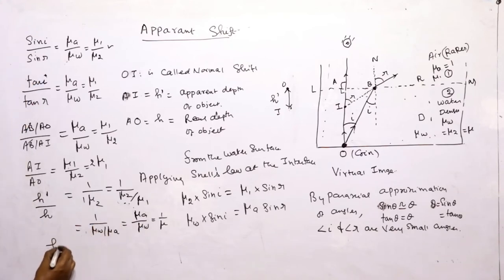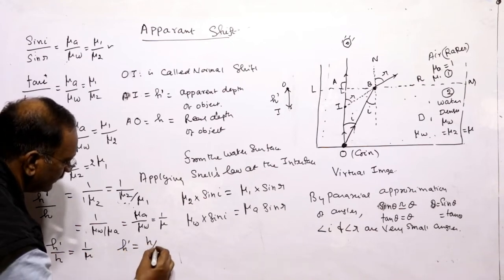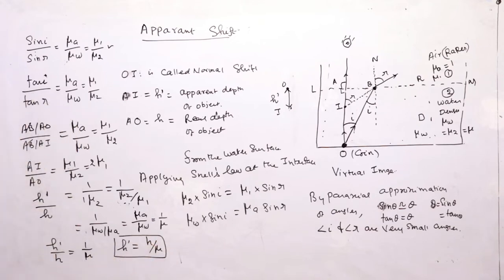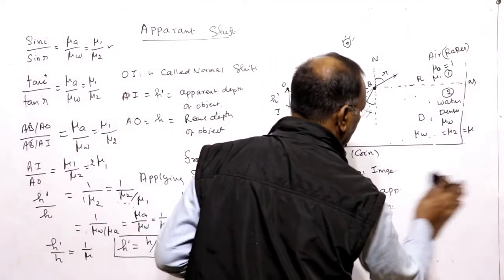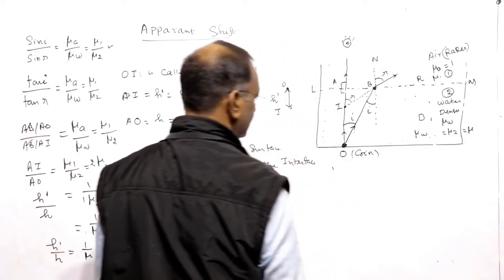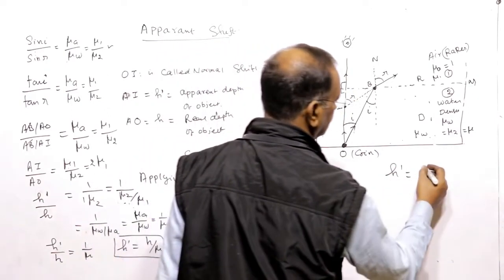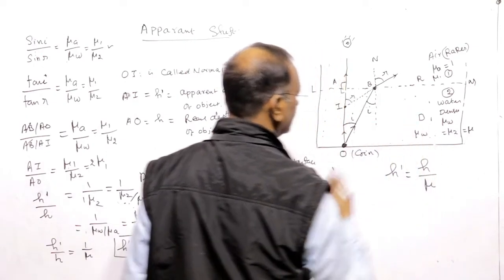Therefore H dash by H is equal to 1 by mu, or we can say the apparent height is equal to H by mu. This is one expression: the apparent depth H dash is equal to the real depth divided by the refractive index of the second medium.